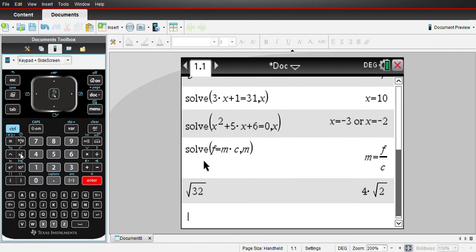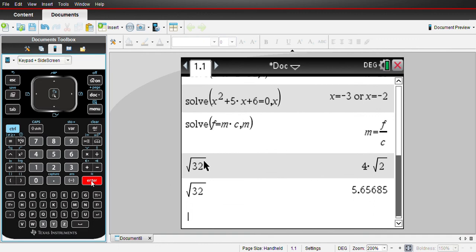So here we have square root 32 is 4 root 2. However, if say for example I said, well, maybe I just want it as a decimal, if I press Control Enter, you can see here it's approximate, and there we have it. So that's one of the other benefits.